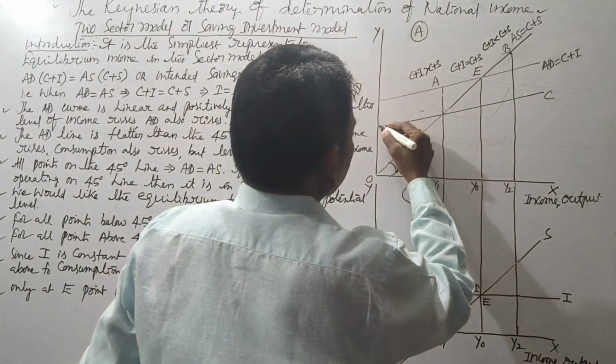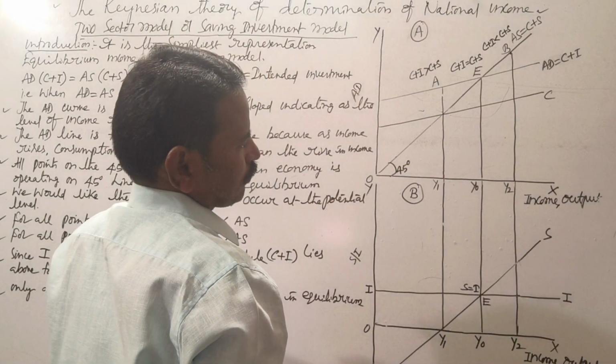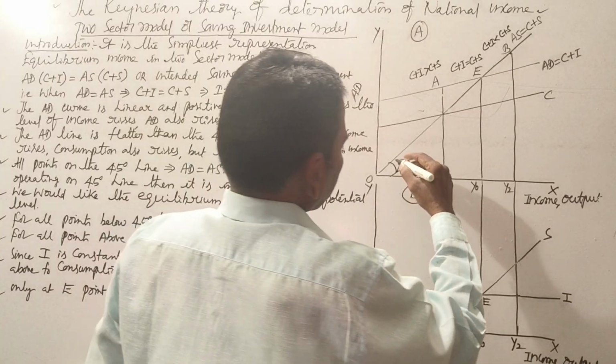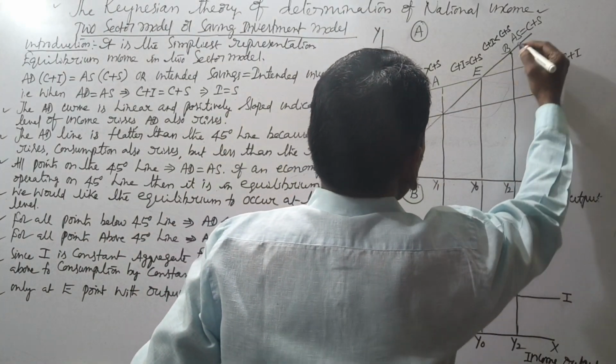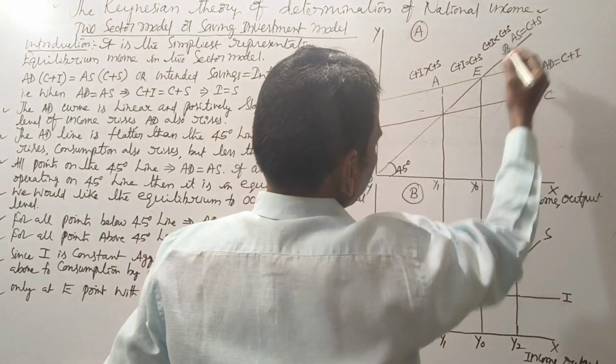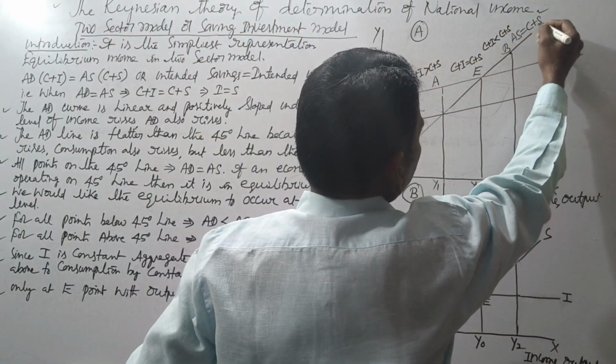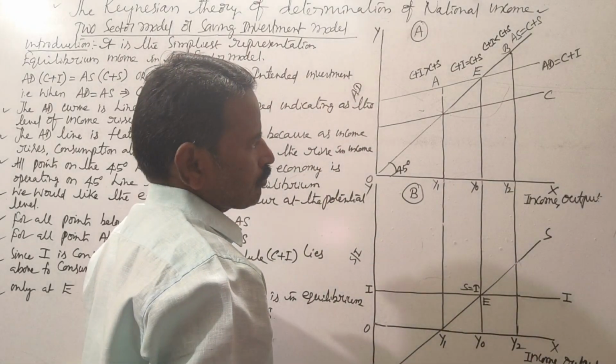First, draw the consumption line, this is called C. Next, draw AS equals C plus S, the aggregate supply line. That is the 45-degree line.